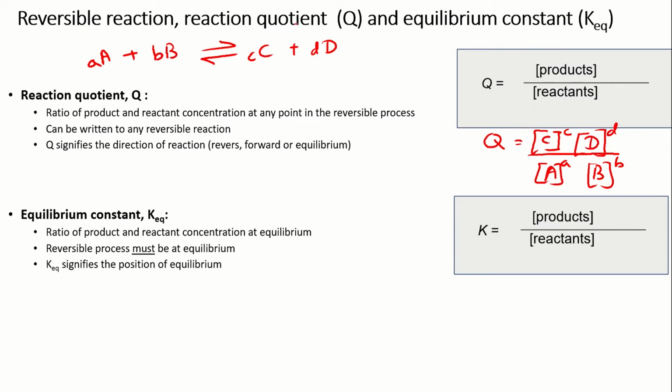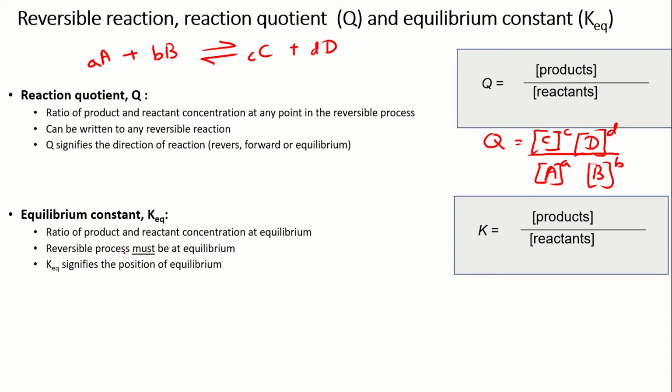And this reaction quotient is the ratio of products and reactants at any point of any reversible process. So as long as you have a reversible process, you can write the reaction quotient expression. However, when it comes to the equilibrium constant, having a reversible reaction is not enough.